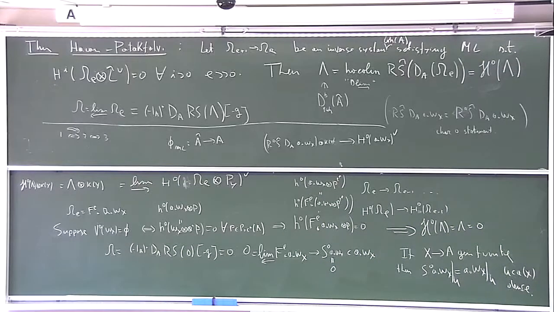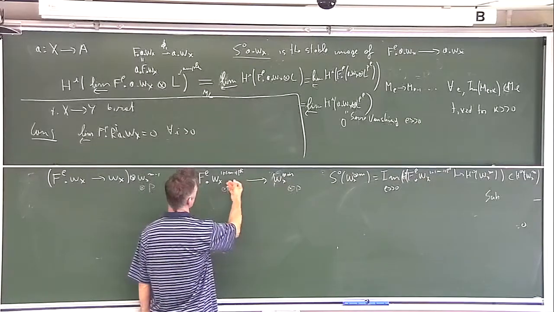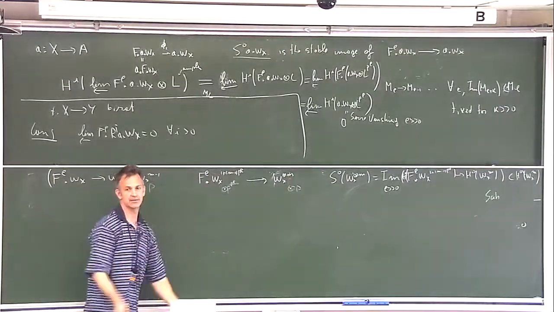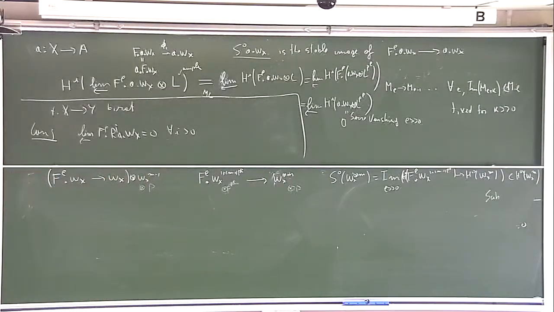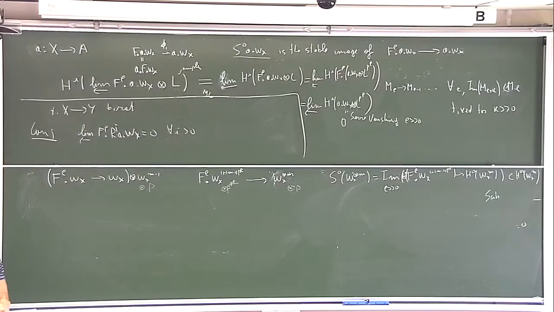If I wanted, I could twist by another line bundle, for example, P here, and here I would have a tensor P to the 1 plus m minus 1, P to the e. And you can do the same exact thing. It just depends how much notation you're willing to carry on. Okay, so let me try and answer your question. Are those things finitely generated or not, and how far are they from H0 of omega X to the m?